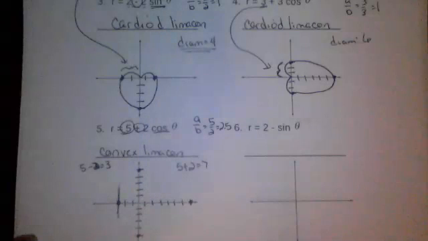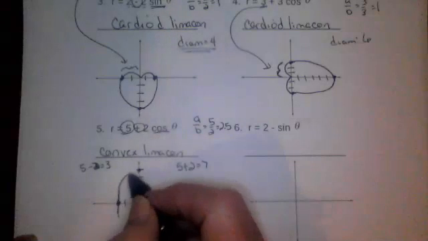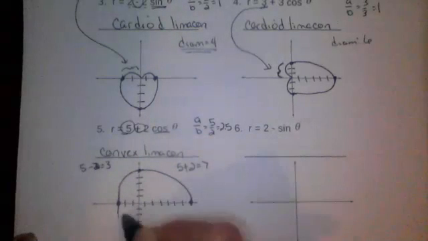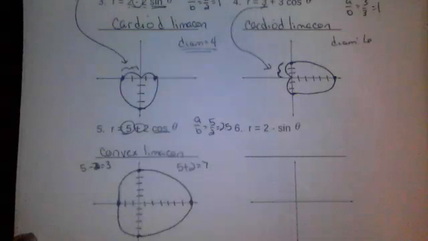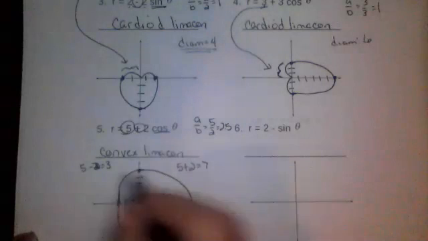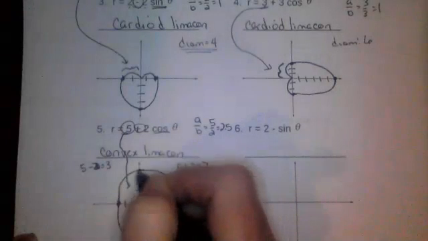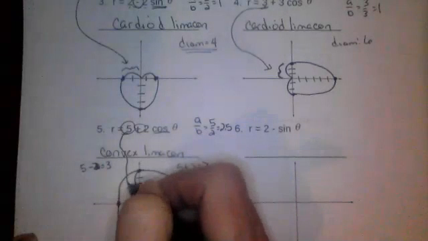Remember, there's no dimple or indentation on this side. We're coming up to this point. We're going out to our 7, same thing down this way. So it looks similar to this. So our 7 out, our 3 out, and then the 5 tells us about this amount in here.